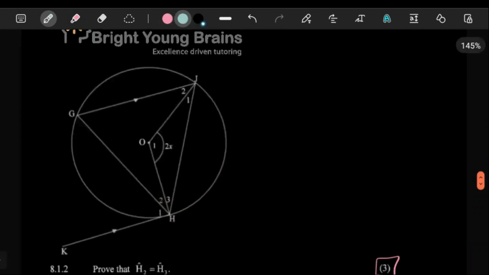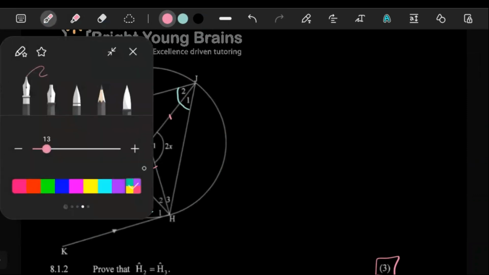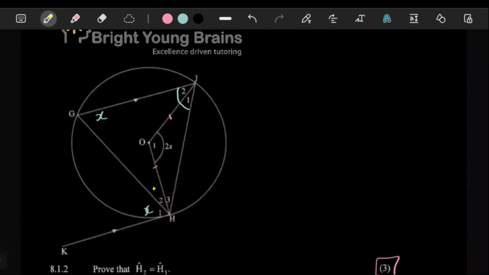So for example here, let's just put out what we know. X is equal to this, and this whole thing is equal to X. What we also know is that these are equal, and then they want us to prove that H2 is equal to H3. So if you're gonna prove that these are equal, try not to focus too much on them individually. Look at them, especially H2.